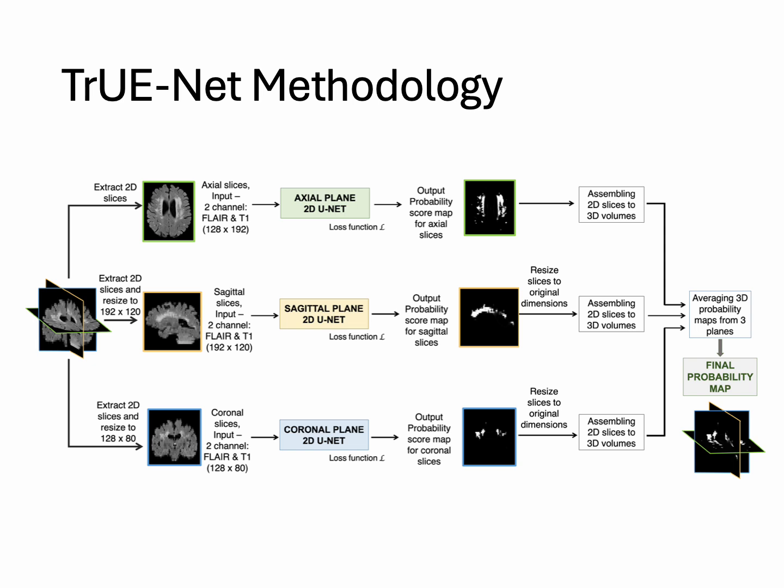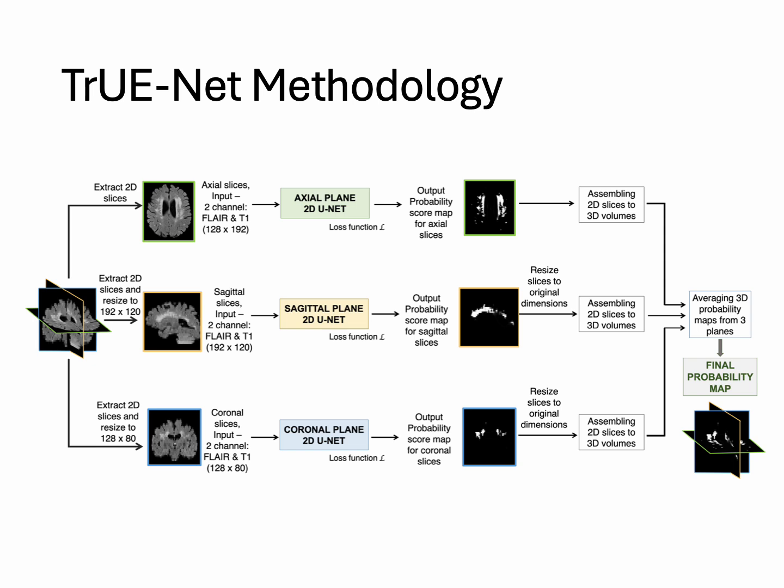We train the 2D models in the individual dimensions, and we obtain the final output in all 3 dimensions, and now we have to combine them to form the final 3D volume.